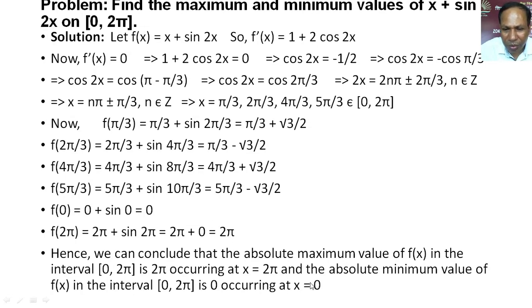And the absolute minimum value of f(x) in the interval 0 to 2π is 0, which is occurring at x equal to 0. So x equal to 0 is the absolute minima, and 0 is the absolute minimum value, and x equal to 2π is the absolute maxima, and 2π is the absolute maximum value.